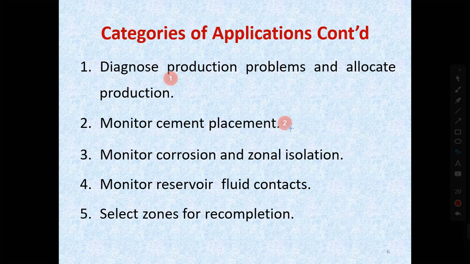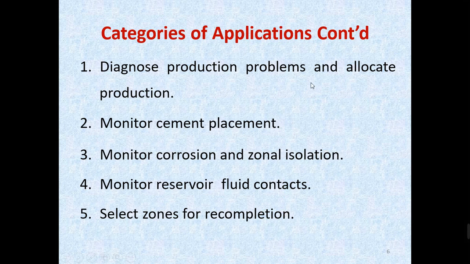We monitor the corrosion, if there is any issue of corrosion or not. Saturation: exactly where the oil-water contact and gas-water contact are. And if there is a problem with the tubing or a packer leakage, we go for recompletion. So we have these 5 major applications, and we will discuss all of them one by one.